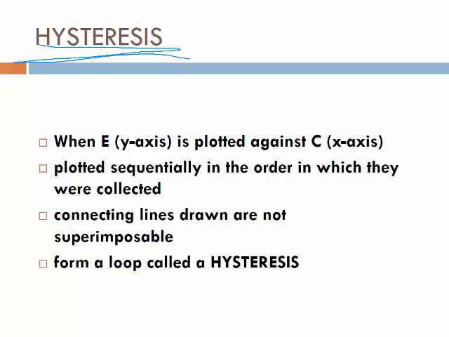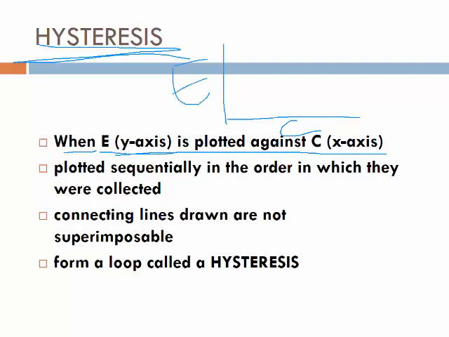All right, so what is a hysteresis? Well, when you plot the E versus C, our concentration versus effect relationship, you need to plot it as per time, okay? So here as our concentration goes up, our effect goes up, right? Let's say this is the top concentration we achieve.